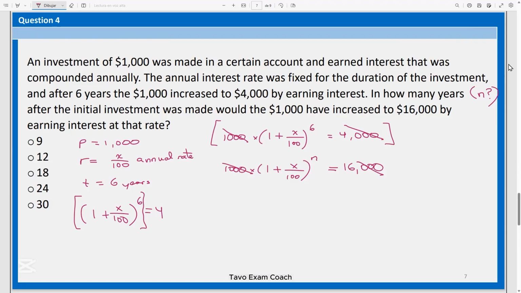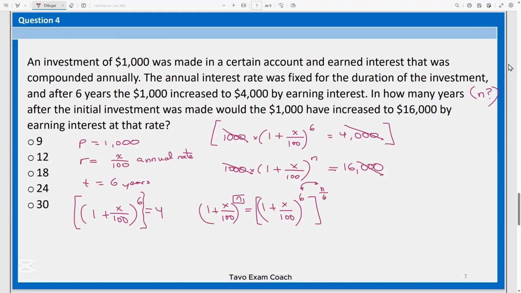We can use the properties of powers and exponents to express this power here, (1 plus x over 100) up to n, as a power of a power, in which the original base is this power, and we raise this power to a certain exponent n over 6, which you might guess after multiplying the two exponents, what you get is the same exponent n.